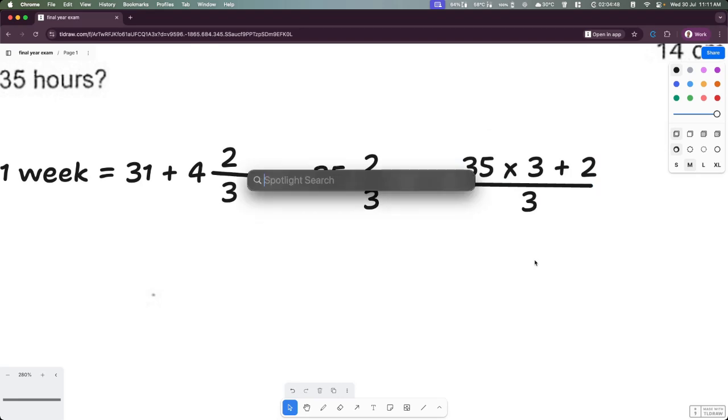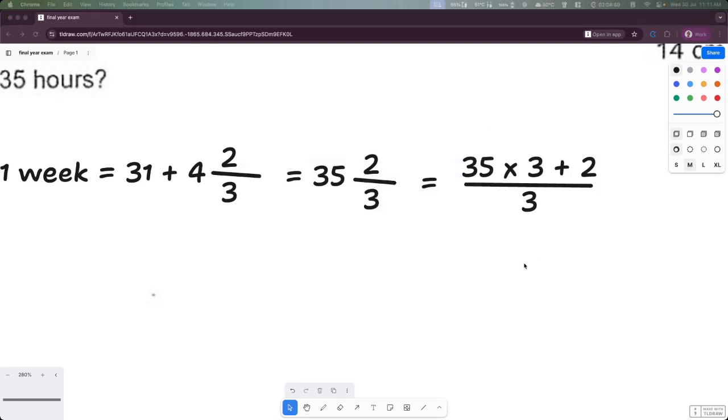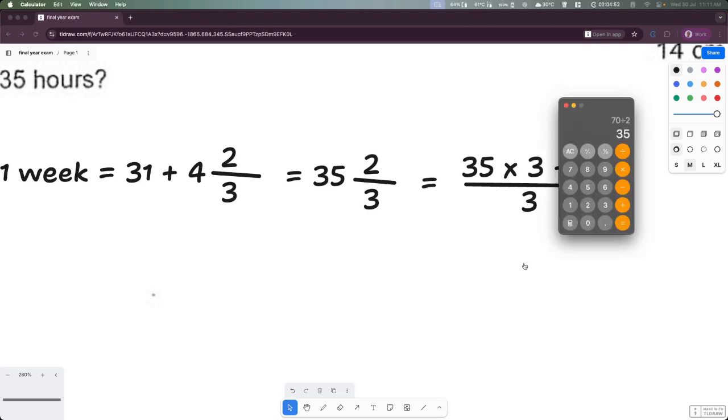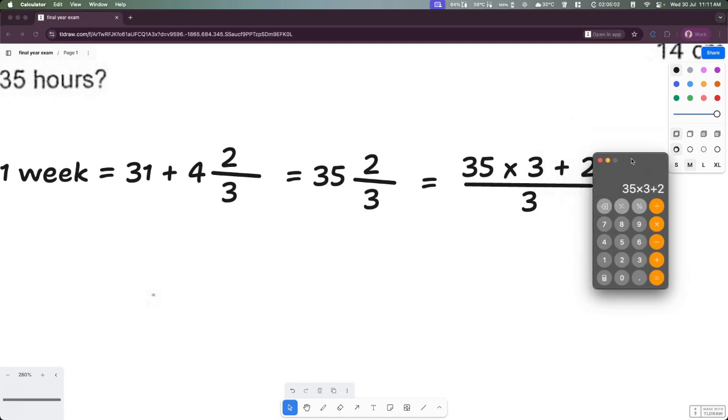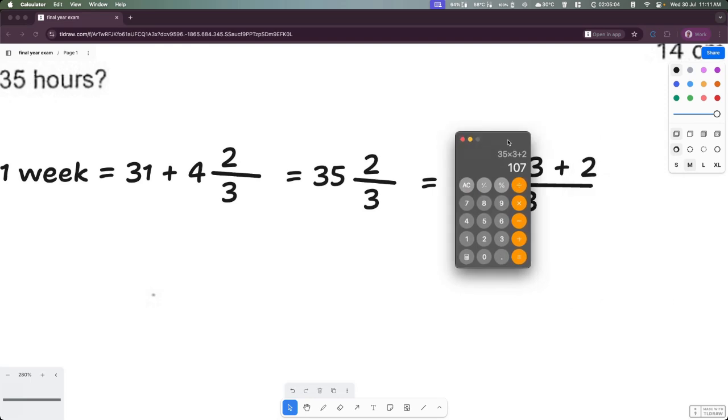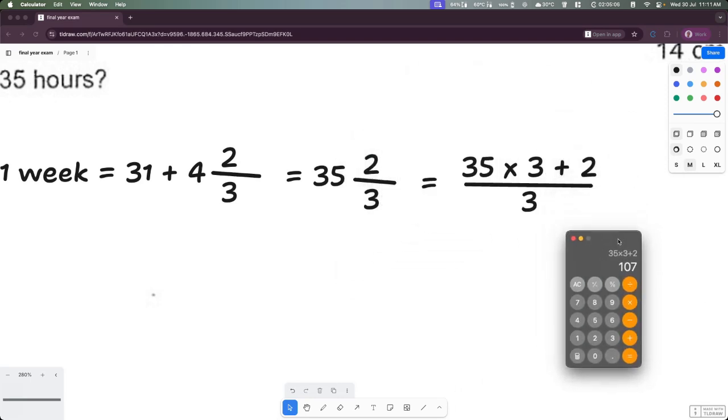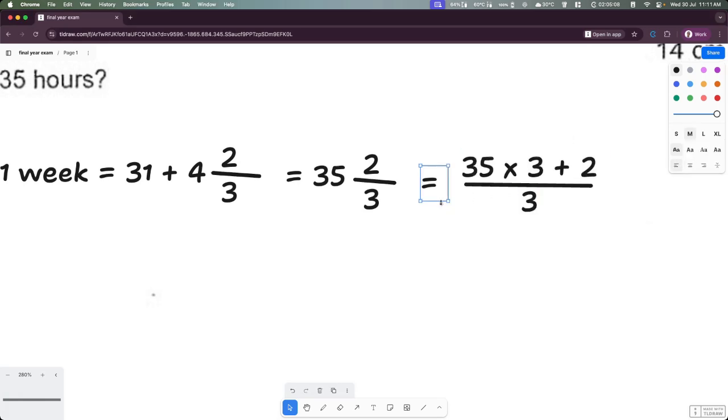And what will this give us? So you can use the calculator, always use our calculator. So 35 times 3 plus 2, in this case it gives us 107, right? So 107 out of 3. Okay, so this will give us 107 out of 3.